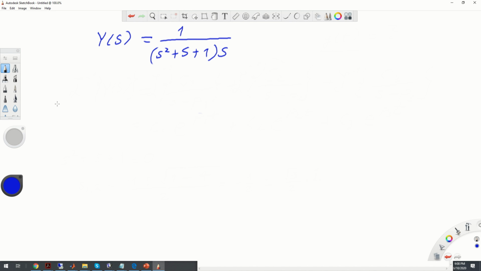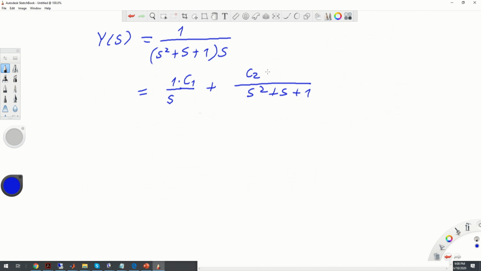So instead of following the classical approach, we can compute an inverse Laplace transform of something that looks like this: 1 over s multiplying a constant, let's call this constant C1, plus C2 s plus C3 over s squared plus s plus 1.